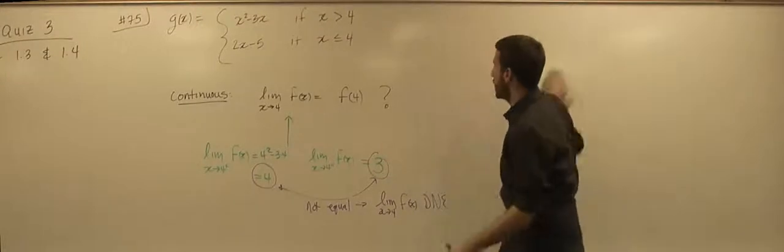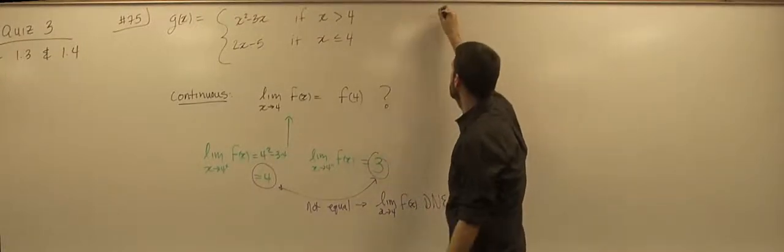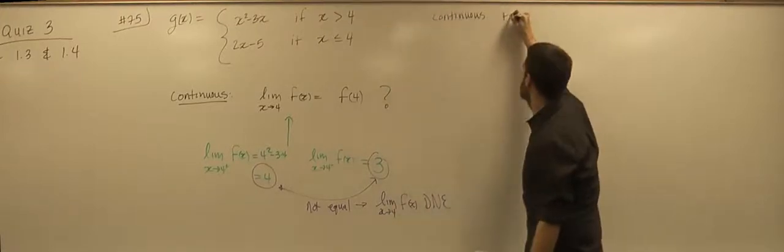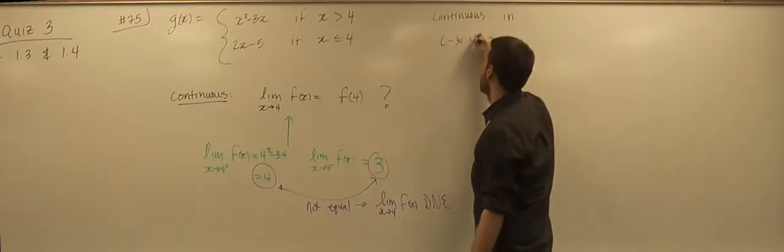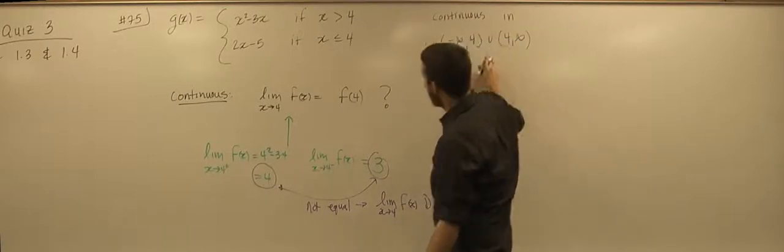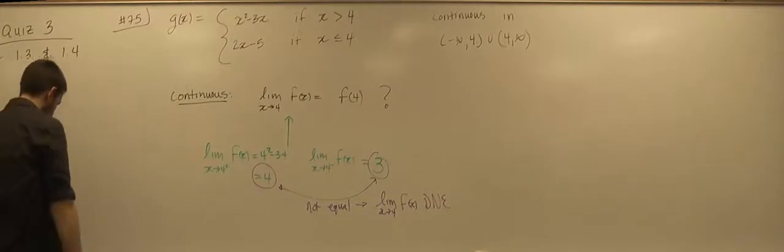So your answer as far as the continuity goes, this is continuous for any x value in the interval negative infinity to 4, but not at 4. It's not continuous at 4.